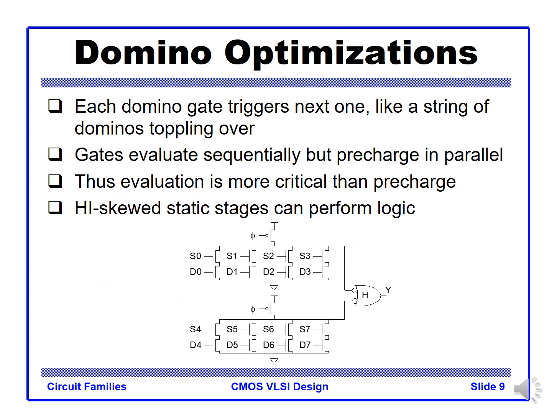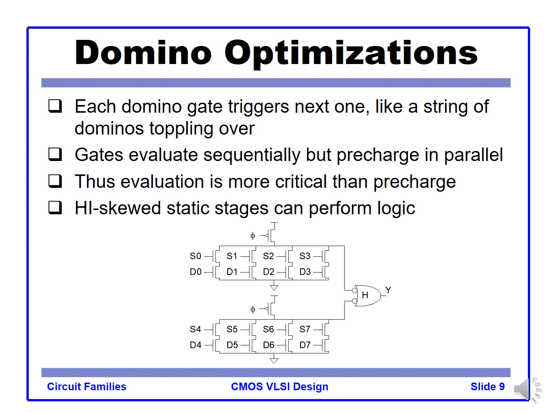Domino optimization. As you can see, each domino gate triggers the next one. It's like actual dominoes toppling over. The gates evaluate sequentially, but the pre-charging is done in parallel. Every logic pre-charging of a domino is happening at the same time.